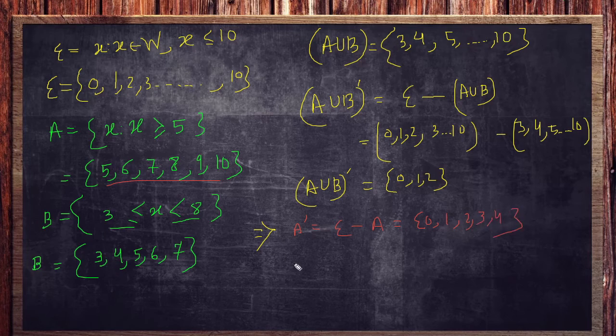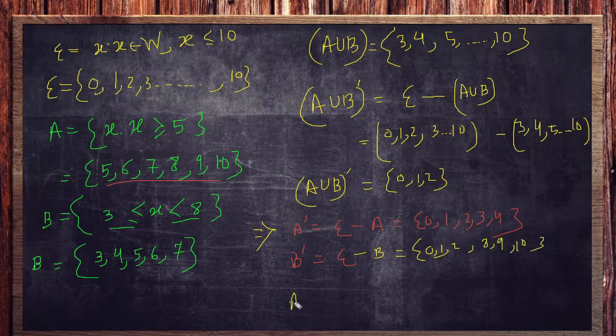Okay, and what about B dash? B dash is also epsilon minus B. So that is, 3 to 7 values are there. So if something remains, that is 0, 1, 2. Okay, let me write that first. And 3 to 7 are going to cancel in this case. What also remains is 8, 9 and 10.